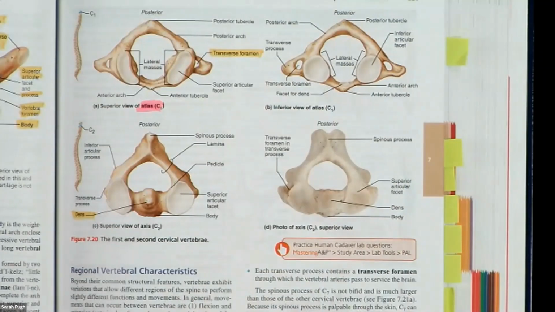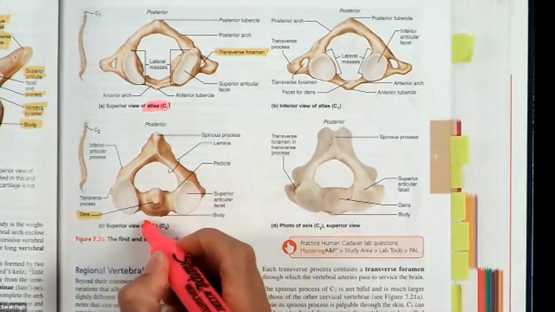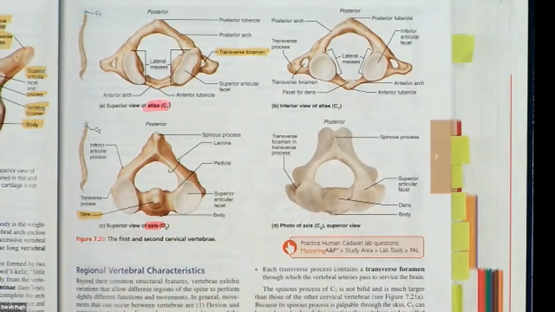C2, we call this one Axis. Again, I always think of rotating around an axis. Let me see if I can find this one in my box of bones. All right, so C1 looks a little different.